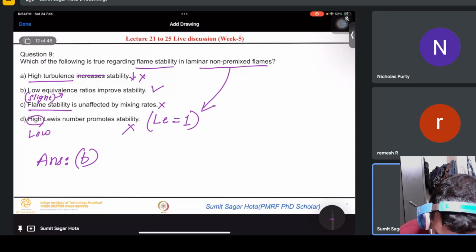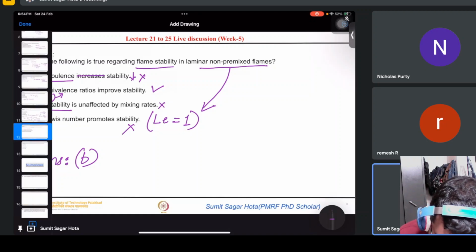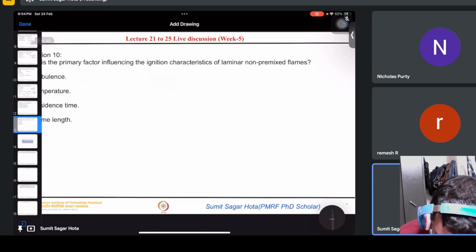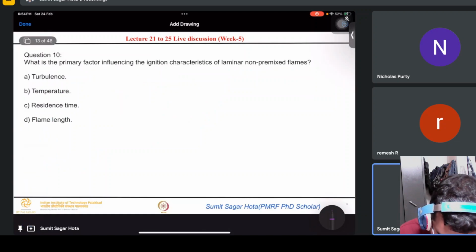Let's go to the last MCQ. What is the primary factor in the characteristics of laminar non-premixed ignition?